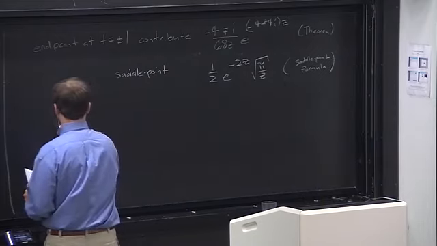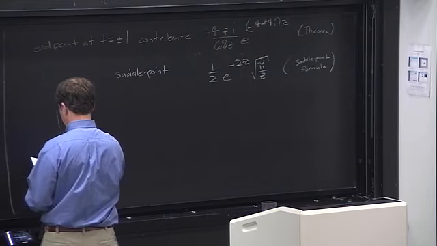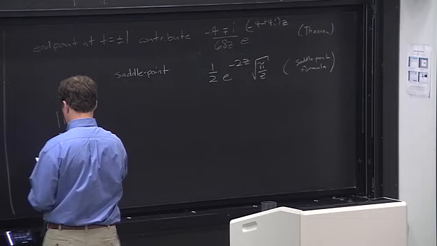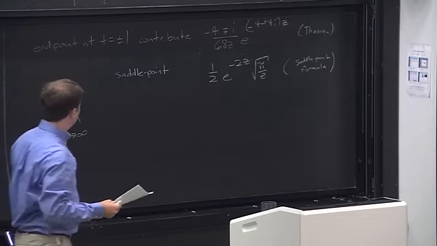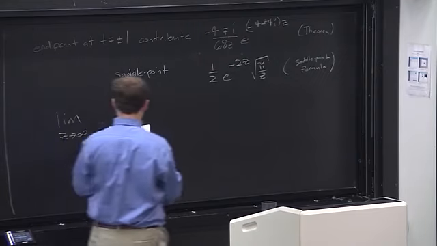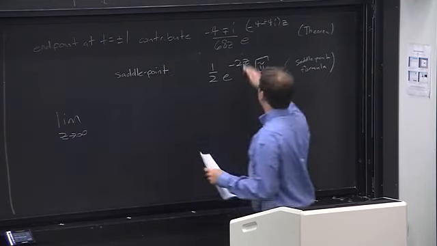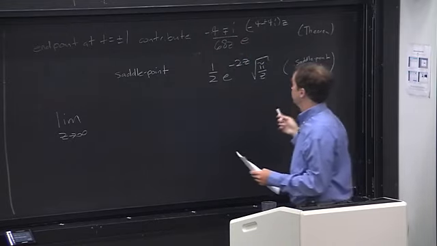And to do that, we can just take the limit as z goes to infinity and see which terms are bigger. So prefactors are not important.